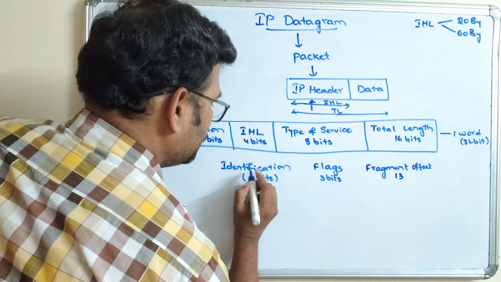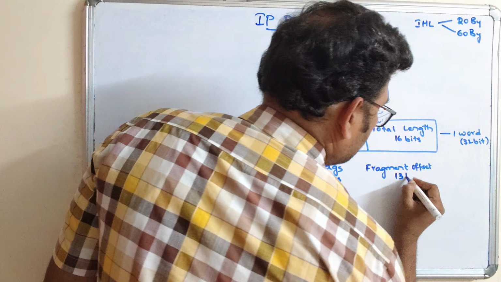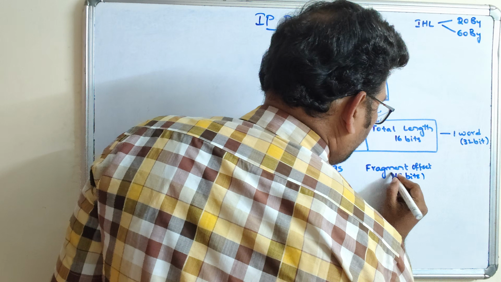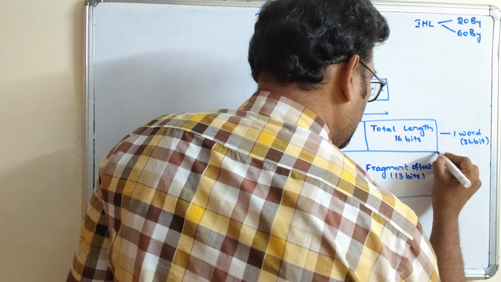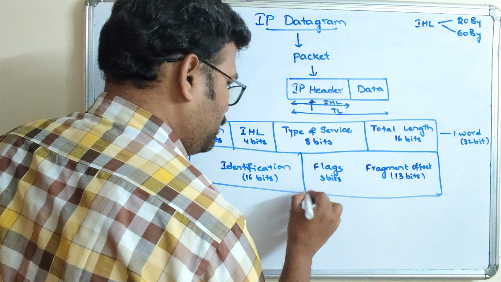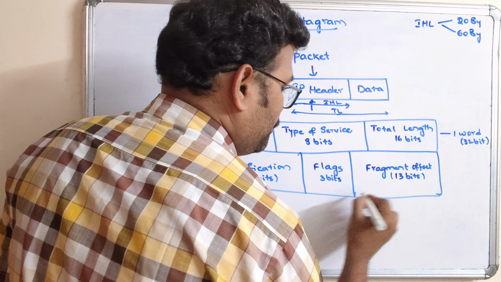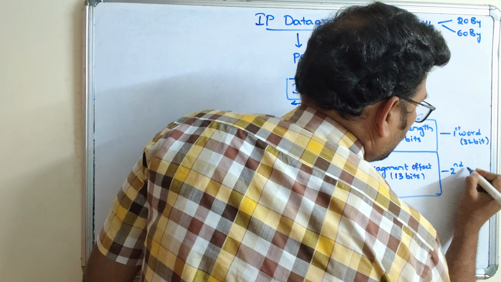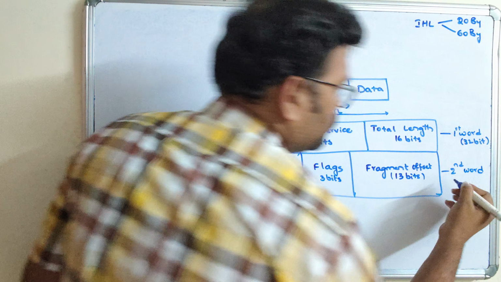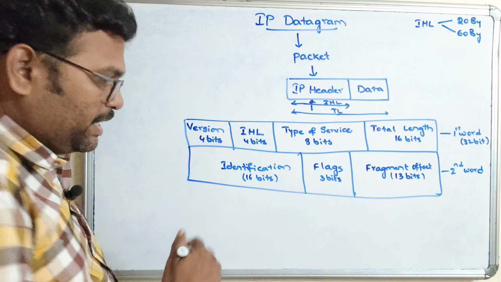So this is 16 bits and this is 13 bits to represent the offset. This is the second word, so it is also 32 bits.